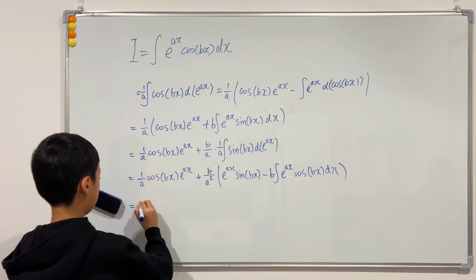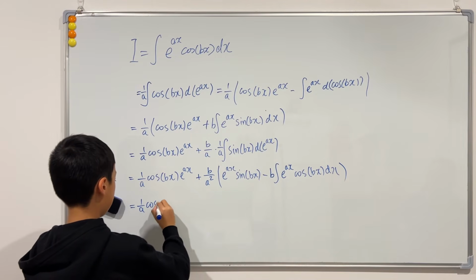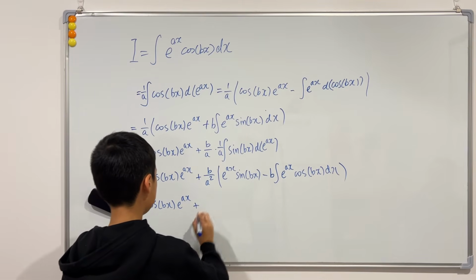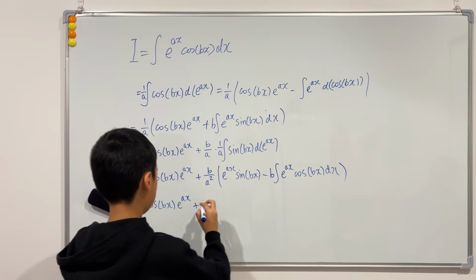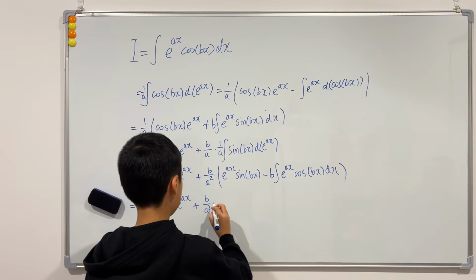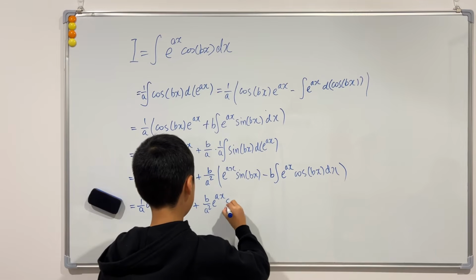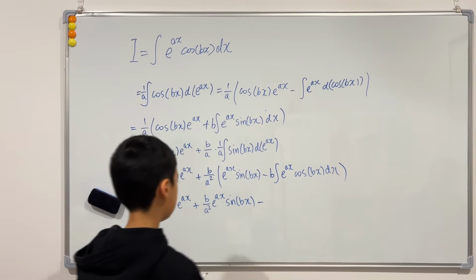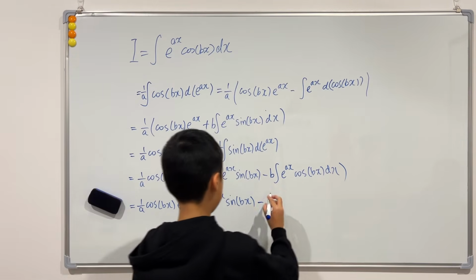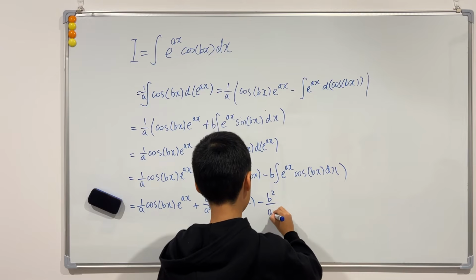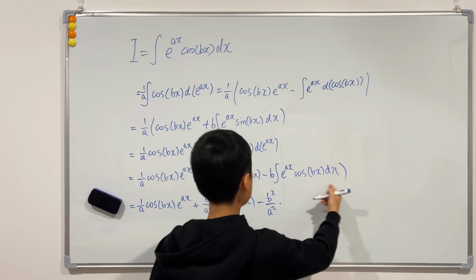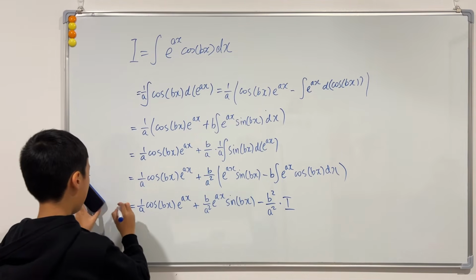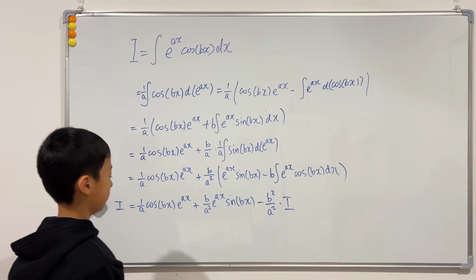So this is just equal to 1 over a cosine of bx times e to the ax, then plus this times that is just b over a squared times e to the ax sine of bx. Then we subtract this times that, which is just b squared over a squared times this, which is actually just I. So multiplied by I. So we know that I is actually just equal to this.